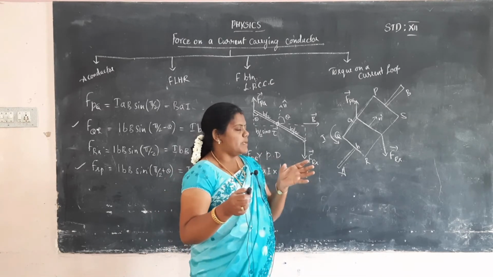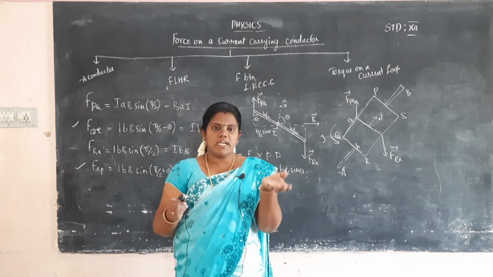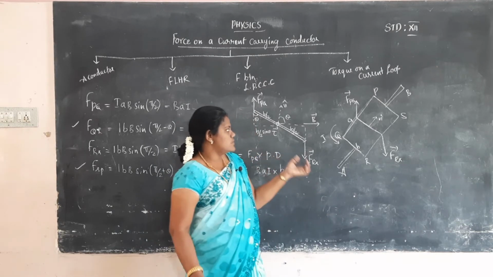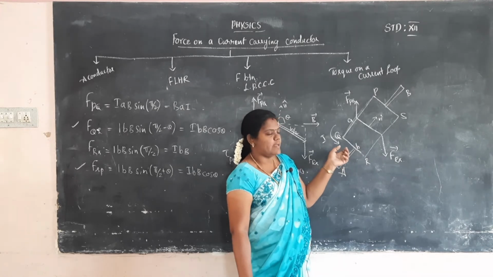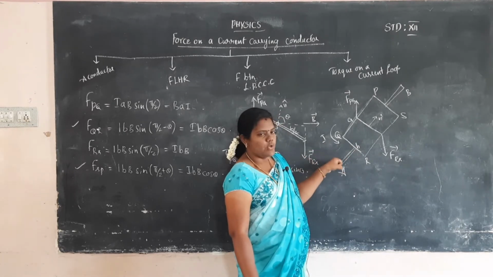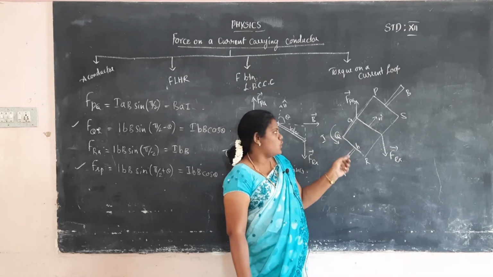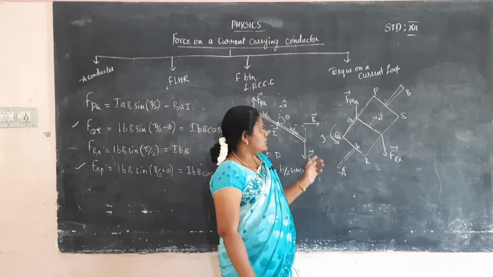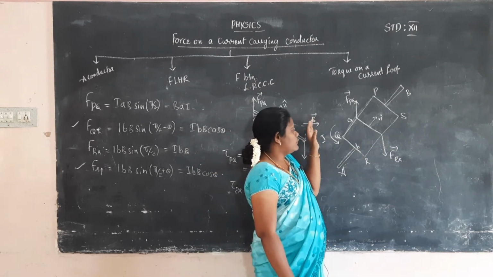Motor operation is completely based on the rectangular plate rotating between the two magnets. In this question also we consider one rectangular loop with a holding part, A and B, and the loop has four corners, P, Q, R, S. Now consider the magnetic field directed from left to right.